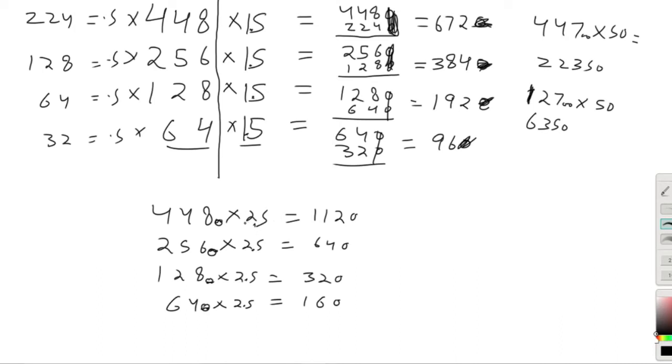Now same applies to 0.25. So 0.25 means adding no 0, simply divide it with 4.